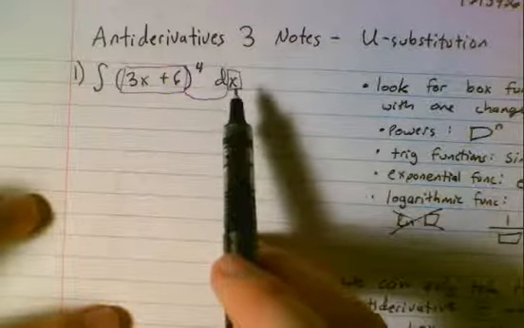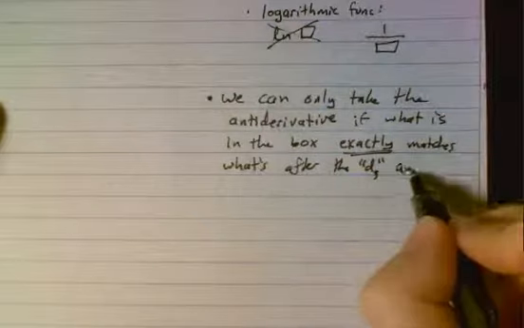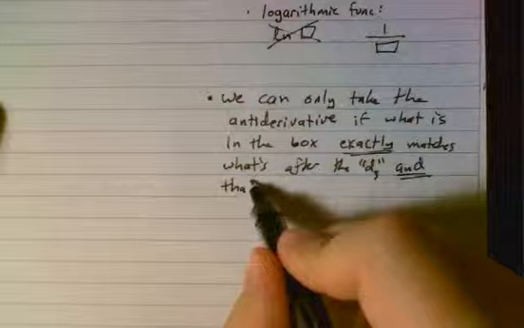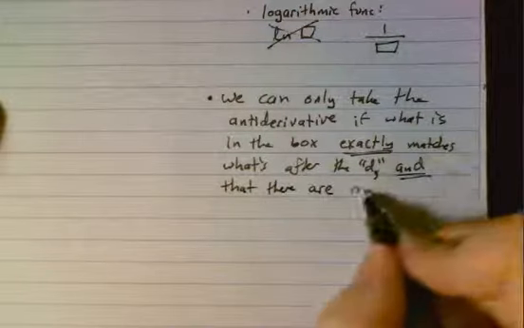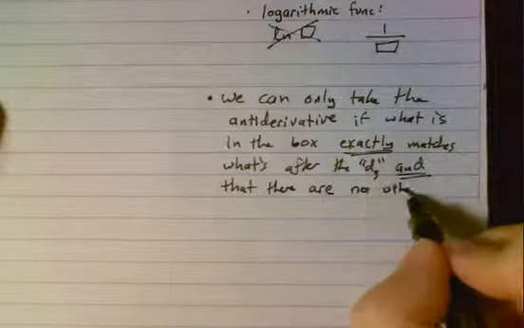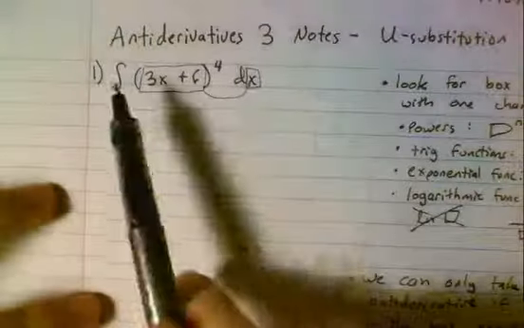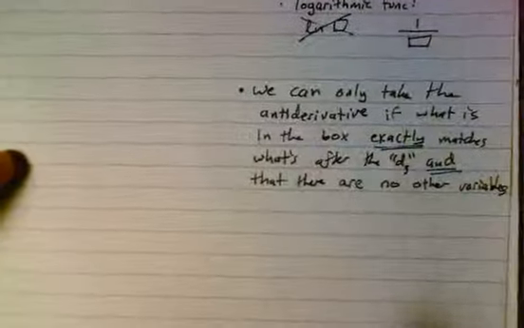It might be x, it might be t, it might be theta, whatever, but it's always going to be a single variable. And it also has to be the case that there are no other variables. So if we've got a dx over here, we'd better not have a t or something hanging out in the equation.